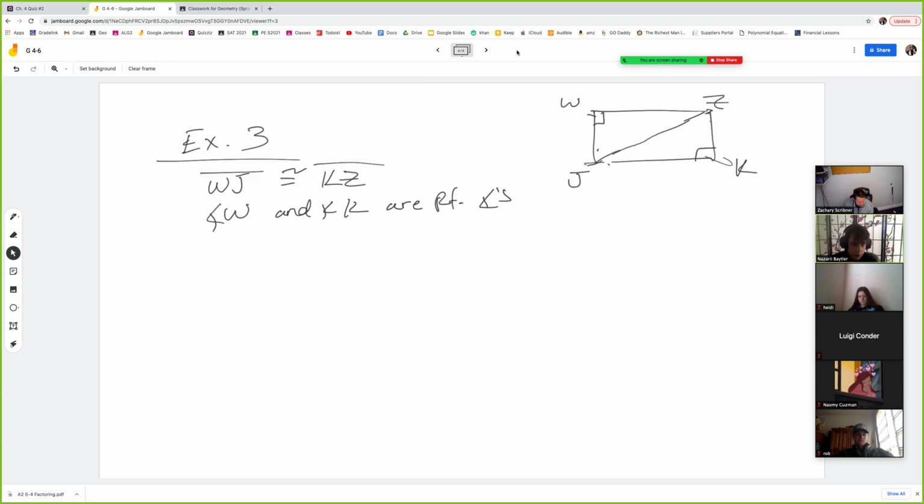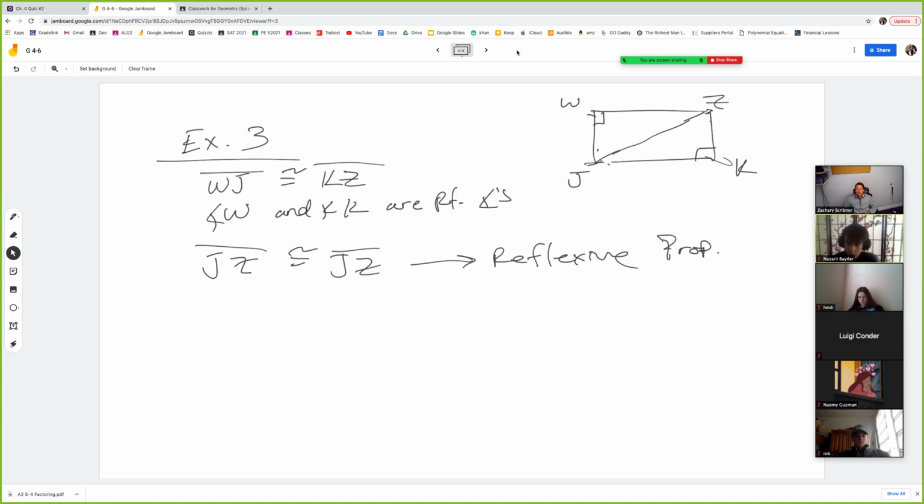Well, we can see that W and K are right angles. And since those are congruent, then the hypotenuse, and also the reflexive property, because the hypotenuse is the line in the middle, and since JZ equals JZ, it would be congruent. All right, or not congruent.